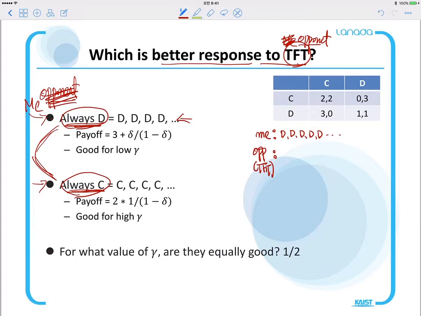He starts with C, and he just copies my strategy. That's what T4-10 is. Is that true? And what is the payoff of my D, D, D, D, D?